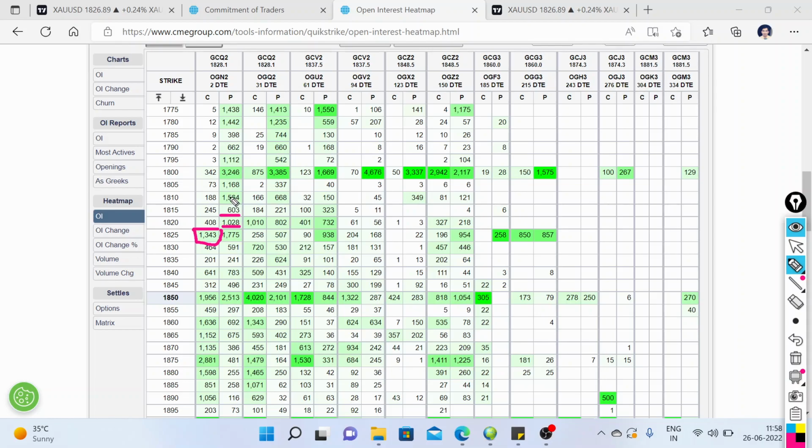As you can see, we have a good number of call and put writings over these positions, and the levels where maximum call and put writing is happening can act as support or resistance. At the price level of 1800, we also have a good number of call and put writings, and this indicates that this price level is our major support zone.